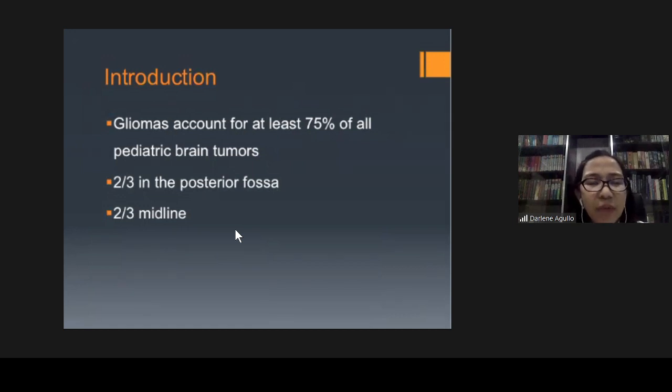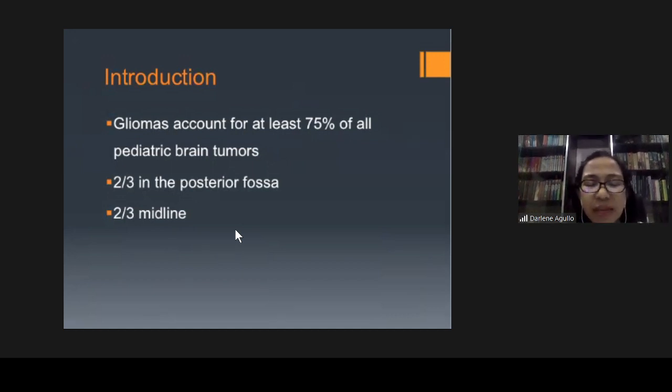Gliomas account for at least 75% of all pediatric brain tumors. So glioma. 2/3 occur in the posterior fossa. So ano yung nasa posterior fossa? Brainstem and cerebellum. Overall, whether supra or infratentorial, 2/3 occur in midline structures.